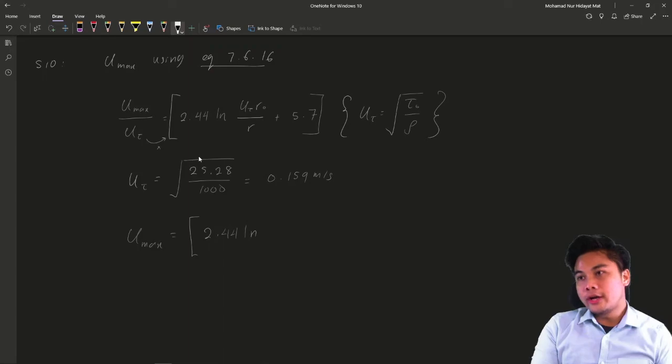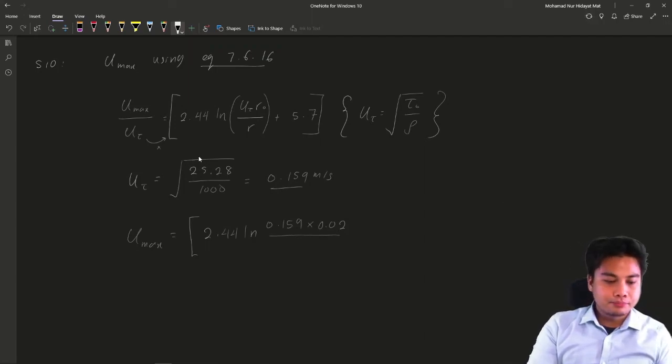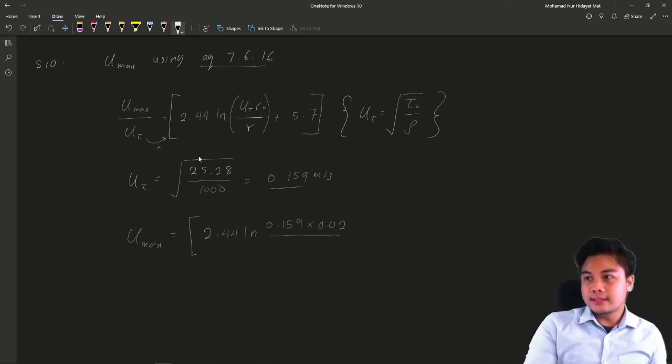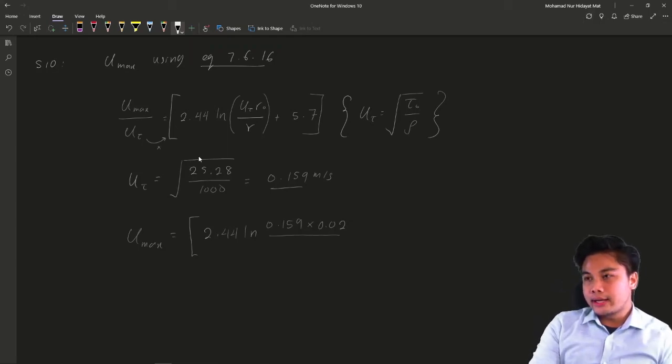U max equals the bracket 2.44 ln of the whole distance. U tau we discovered to be 0.159, multiplied with R0, which is 0.02, over nu, our kinematic viscosity. In this case, at 20 degrees Celsius, it is 1.007 times 10 to the power of negative 6.